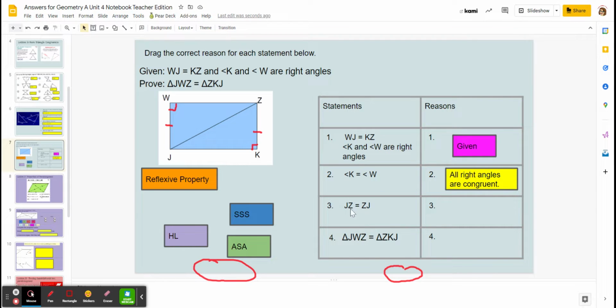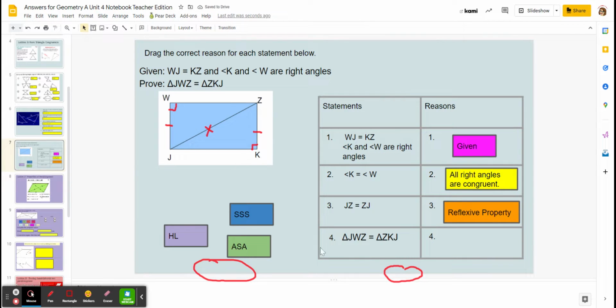Why is JZ equal to ZJ? Notice JZ, ZJ. That's the extra side in here. So let me drag that over. That is the reflexive property.